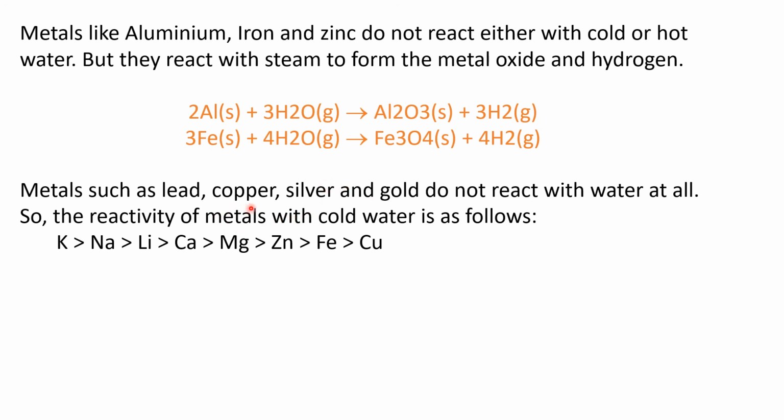Copper, due to good conductivity, is used for cookery, and due to its ductility, it is used as wires. Silver and gold do not react with water at all, so they are used in ornaments and so on.